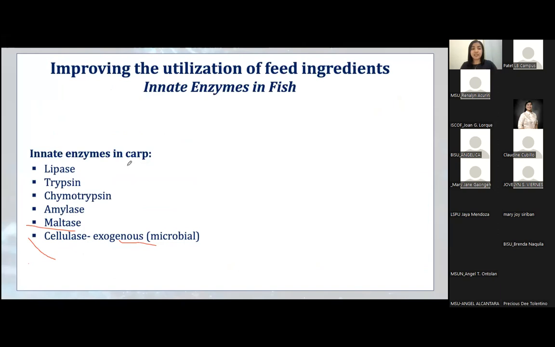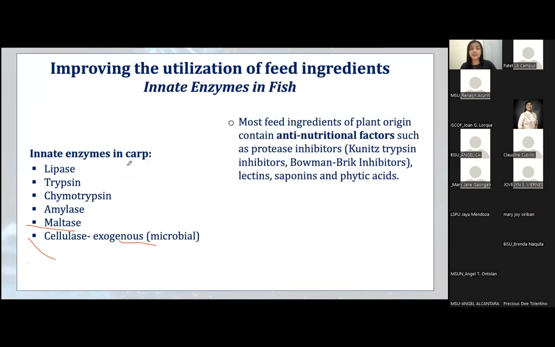Okay. So, enzymes, gumagamit tayo ng enzymes in feed ingredients. So, the purpose of that, these enzymes like lipase, trypsin, chymotrypsin, amylase, maltase, cellulase. Now, class, usually, ito sinasabi ko always sa mga students ko, malalaman mo that it is an enzyme because of the suffix ASE. Merong suffix na ASE. So, malalaman mo siya an enzyme.